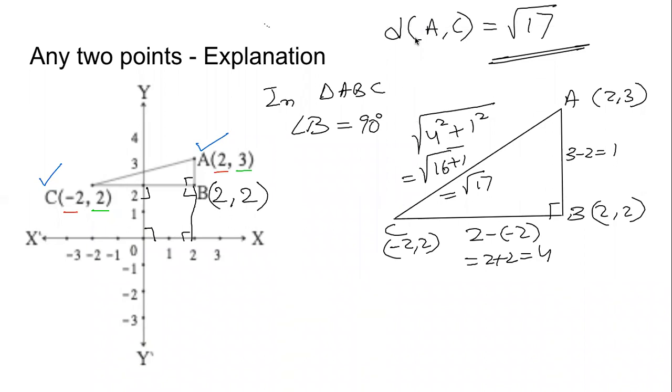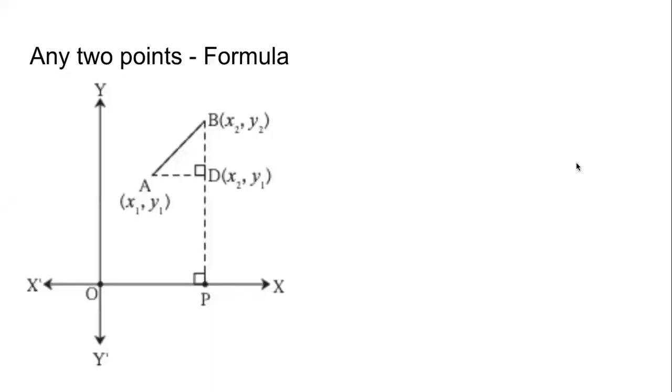Also, because we know Pythagoras theorem, we can also find the length of the side AC. We have calculated it as square root of 17, and that is nothing but the distance between the points A and C. We have understood how to calculate the distance between any 2 given points, right? And we used basic coordinate geometry and Pythagoras theorem.